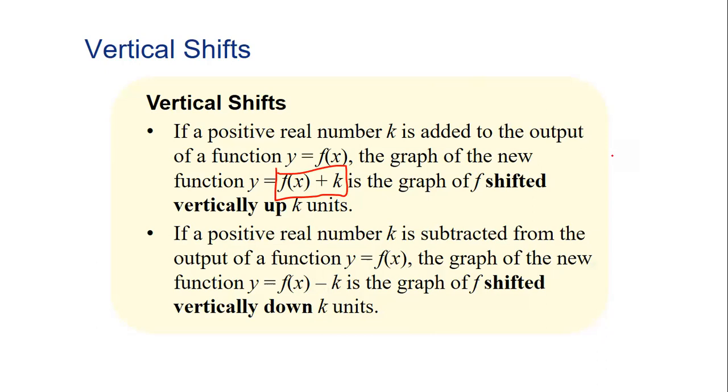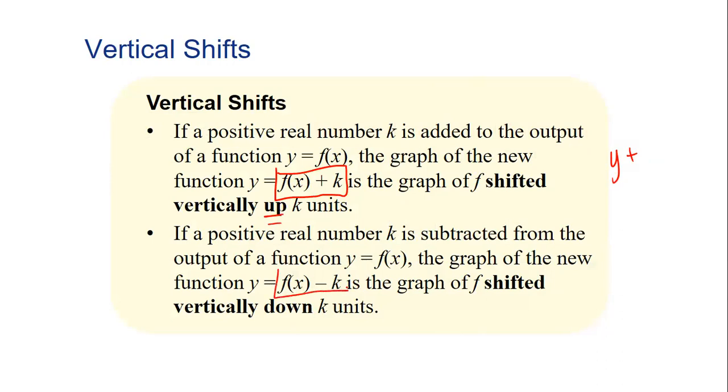So to each Y value, I am adding whatever K is. So whatever number is outside of the function, that's what you're adding to Y. So it's Y plus your K. Hopefully y'all remember some of this. That's going to cause us to go up.